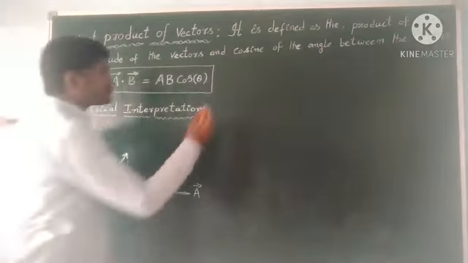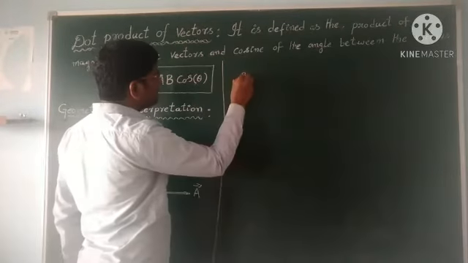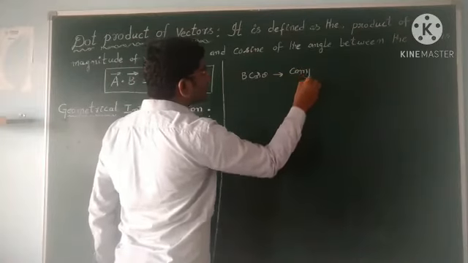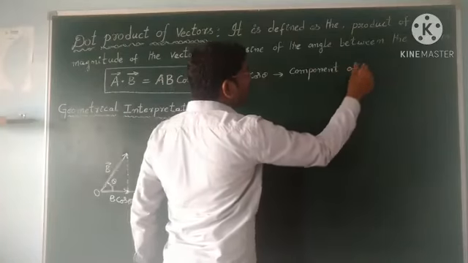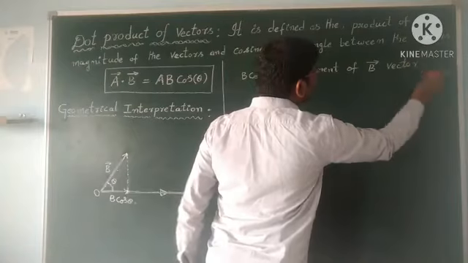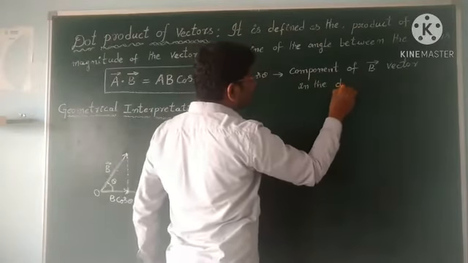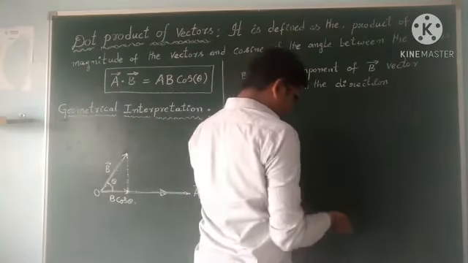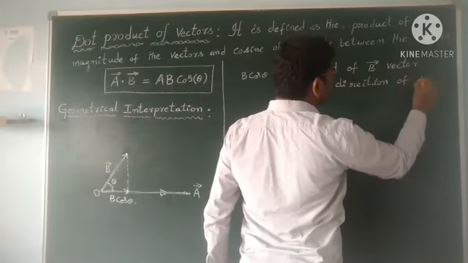B cos theta is the component of B bar vector in the direction of A bar.